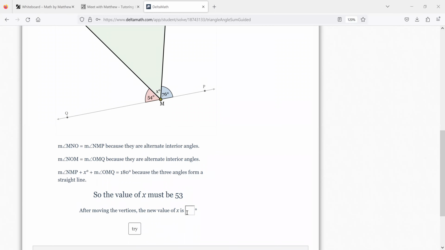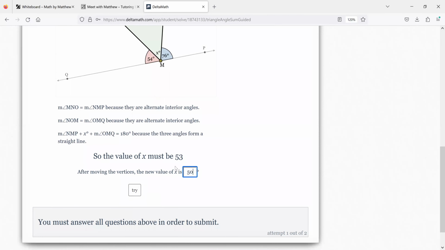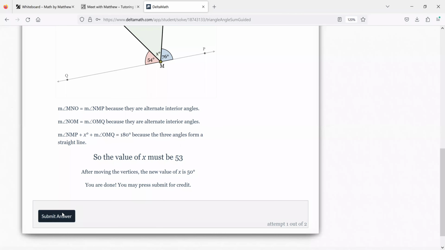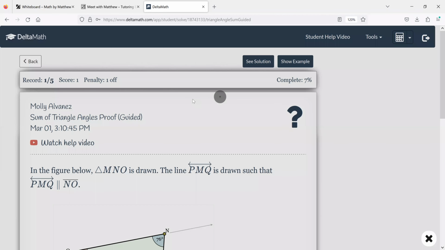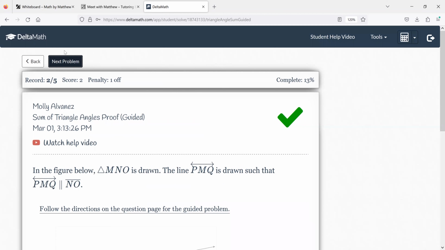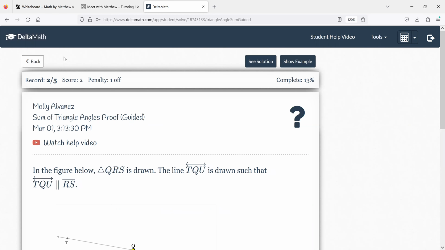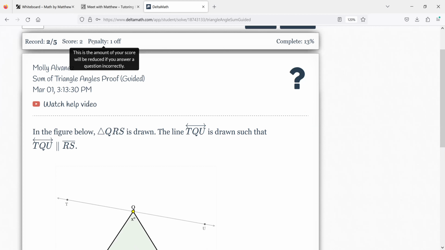And that's 50. Just double checking. If the next problem is the same, I'm going to suggest we move to the other ones.